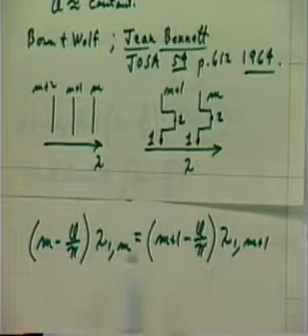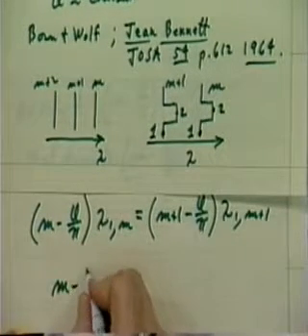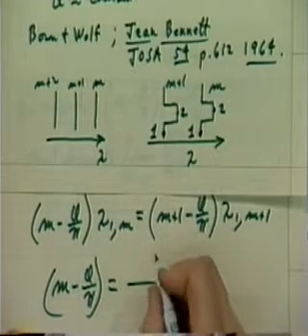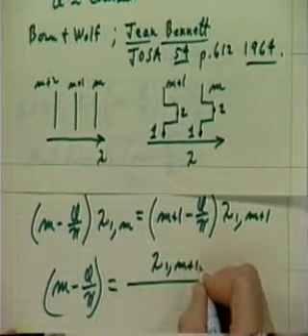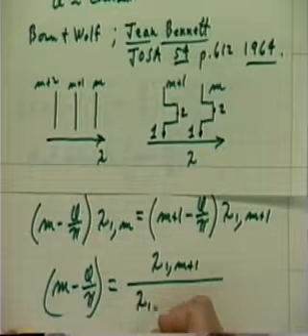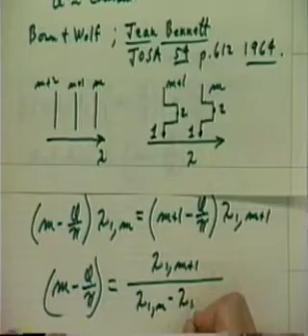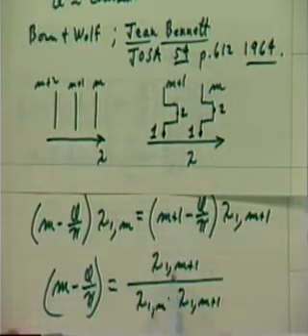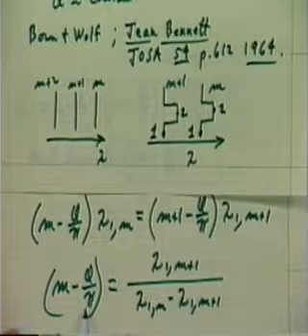And so I can then just solve this for m minus phi over pi. And that's equal to lambda for point 1, fringe m plus 1, over lambda for point 1, fringe m, minus lambda for point 1, fringe m plus 1. So I read these wavelengths off my spectrometer dial, and I can then calculate m minus phi over pi.